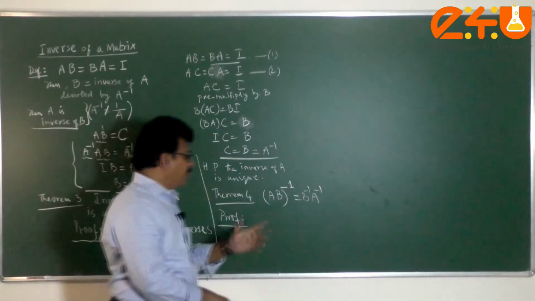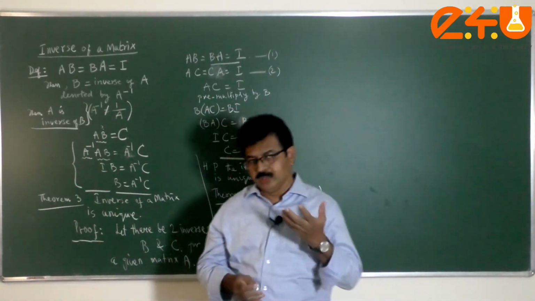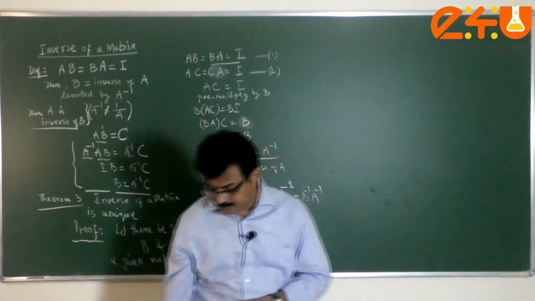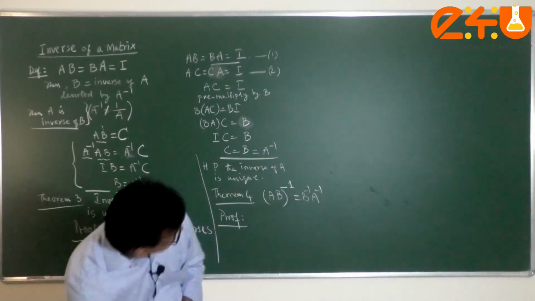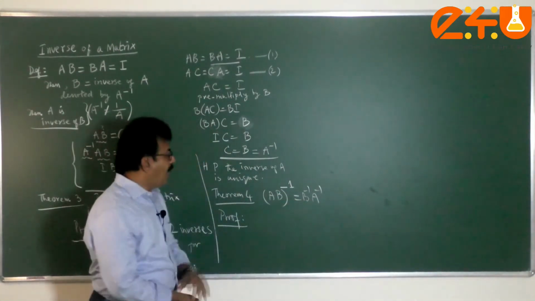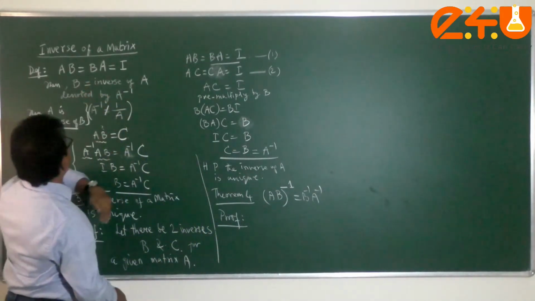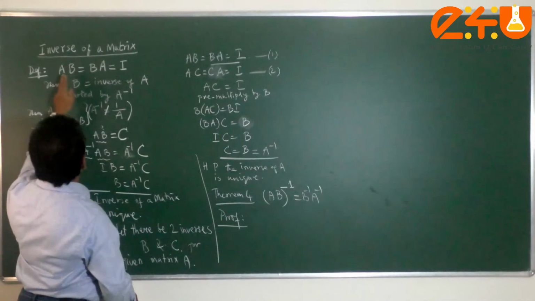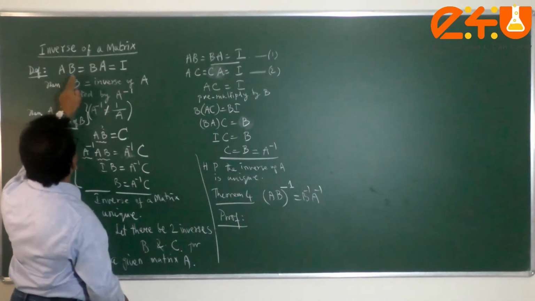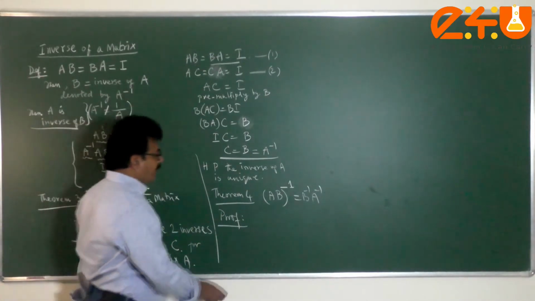So we are going to apply the same kind of procedure, the pre-multiply procedure, and as a result we will be able to come to this understanding. Well, how to start? Again, start from the definition. What does the definition say? A matrix multiplied by its inverse gives the multiplicative identity.